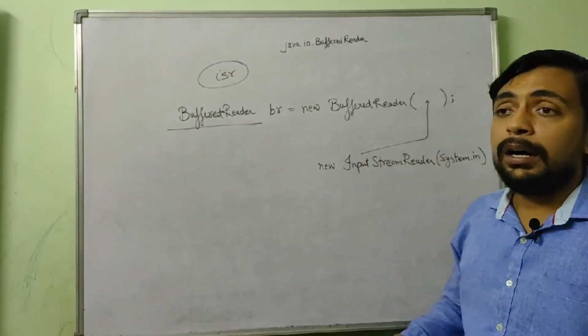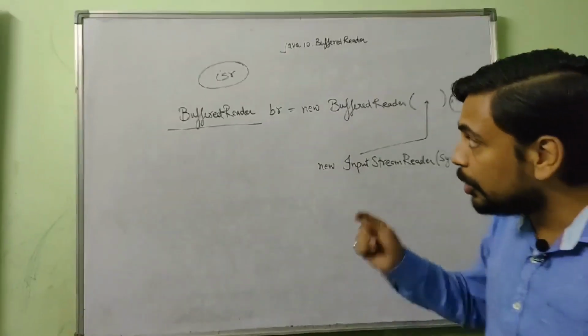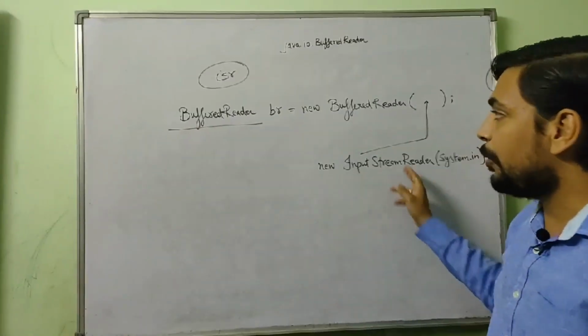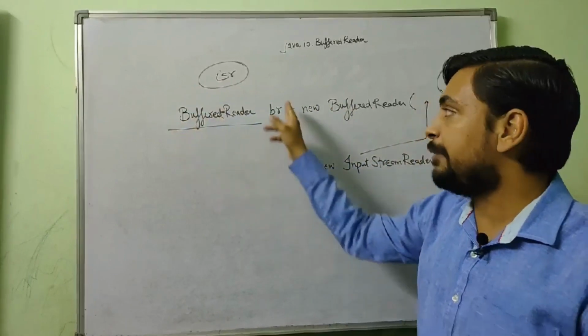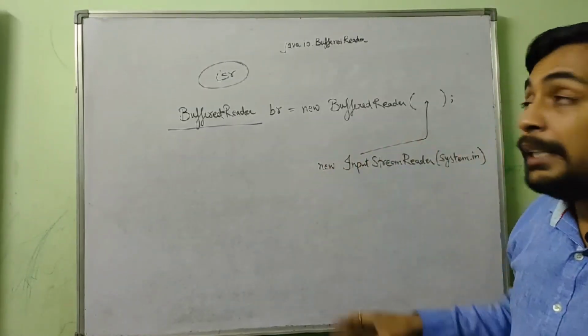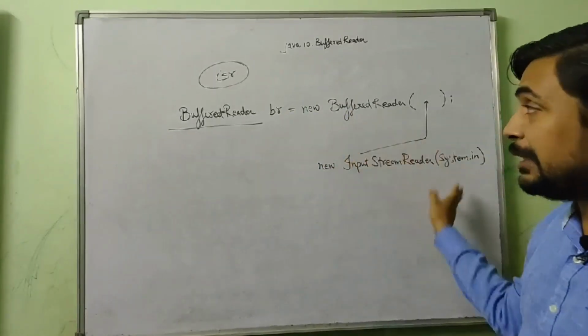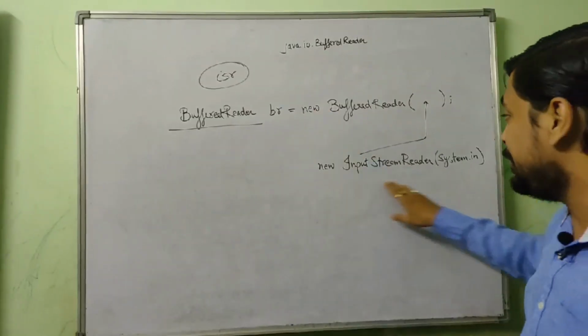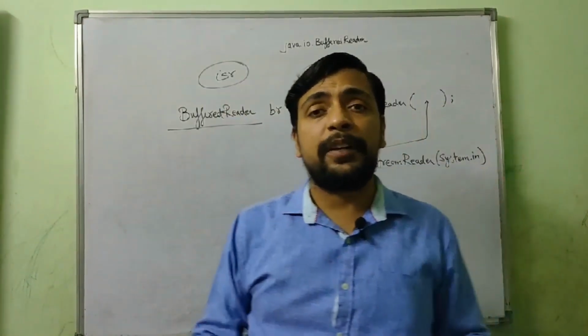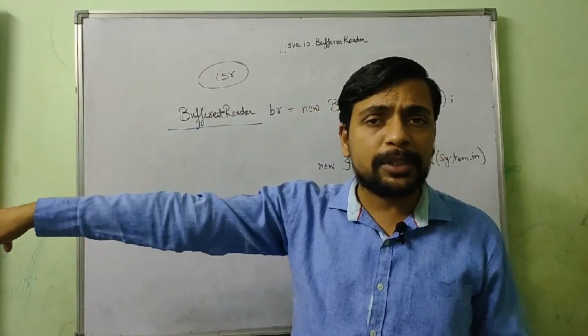What's the disadvantage? Suppose we want to take help of the InputStreamReader object also. That means sometimes we want to take value from the buffer memory, sometimes we want to take value from the reader itself. Then we can't do it in this process, because in this case we are not having any reference of it. But if we have created an object, then we are having two references.